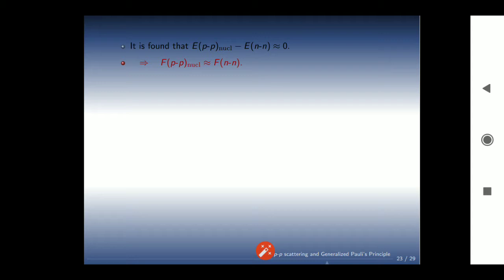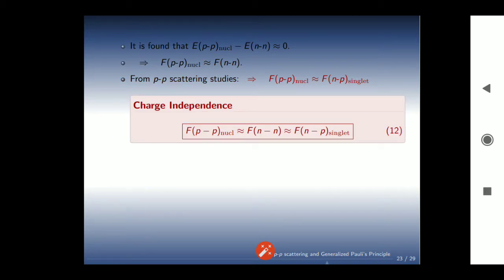From the PP scattering theory, we have just learned that the nuclear force of the PP system is nearly equal to the nuclear singlet force of the NP system. Combining these two, we can write that the nuclear force PP is nearly the same as the nuclear force NN, which is nearly the same as the nuclear force of the singlet NP system.